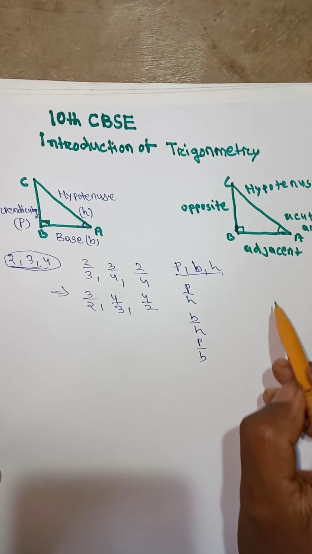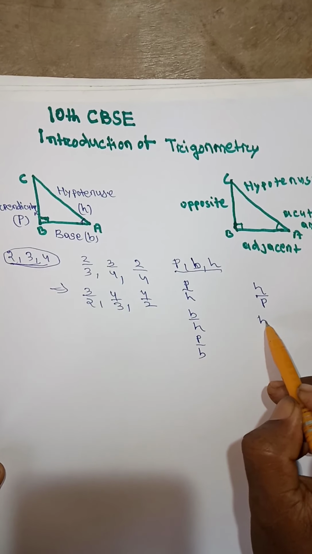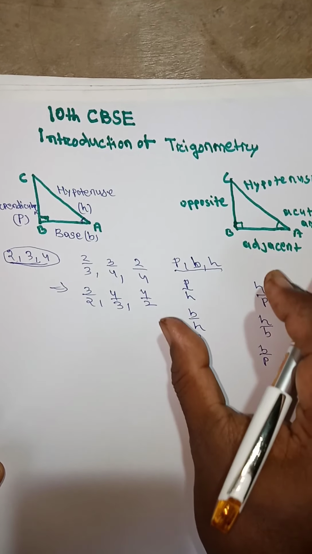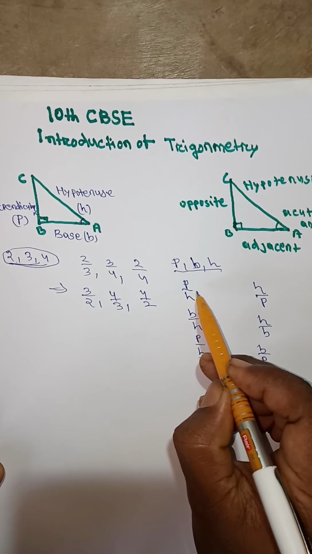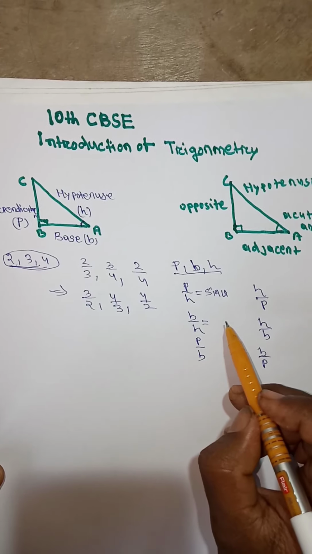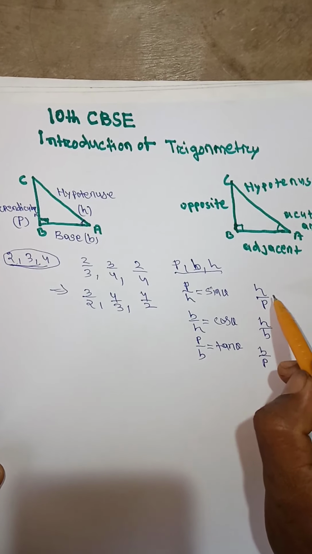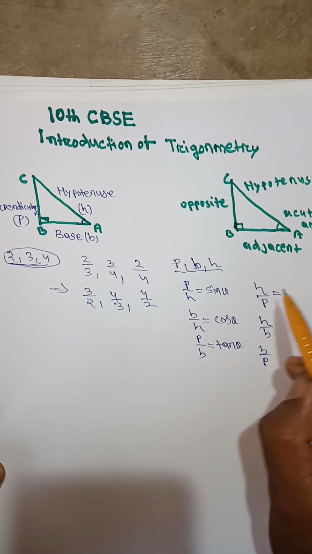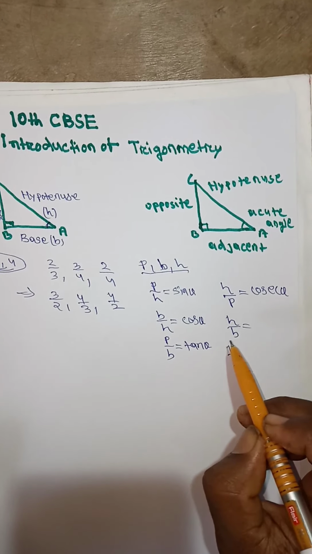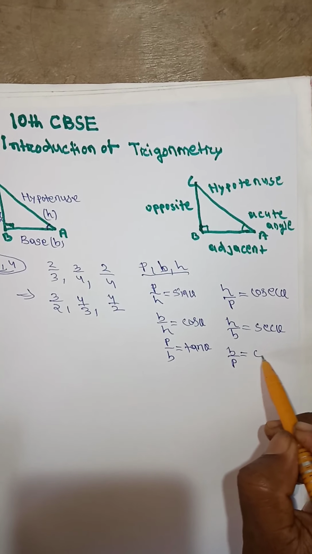Three ratios, and write the reciprocals of the three ratios: H by P, H by B and B by P. Now these 6 ratios you can name: P by H is equal to sin theta, B by H is equal to cos theta, P by B is tan theta, H by P, reciprocal of sin, is cosec theta, reciprocal of cos theta is sec theta, reciprocal of tan theta is cot theta.